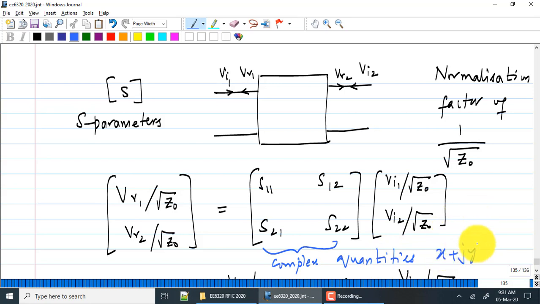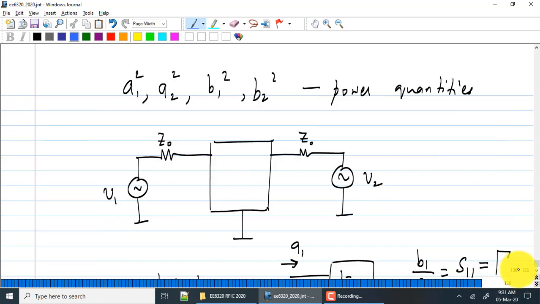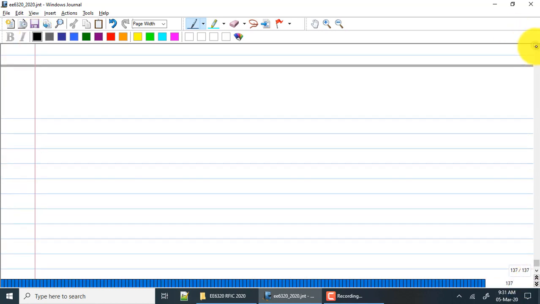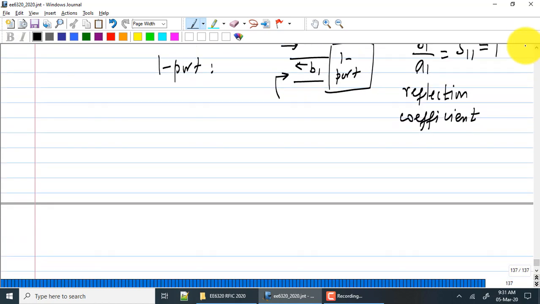Now, of course, if you have a well-matched system, if you have a matched impedance, Zin for your one port is equal to Z0. What will happen is that there is no reflection. Gamma is 0.